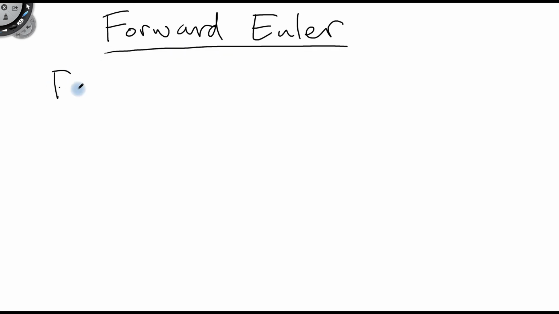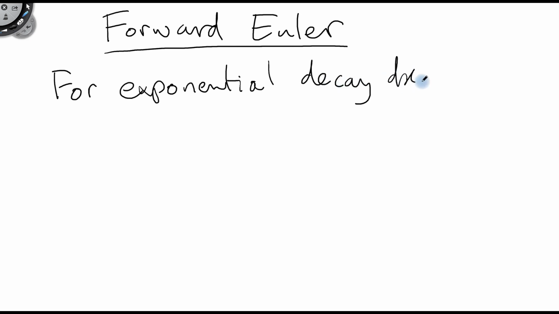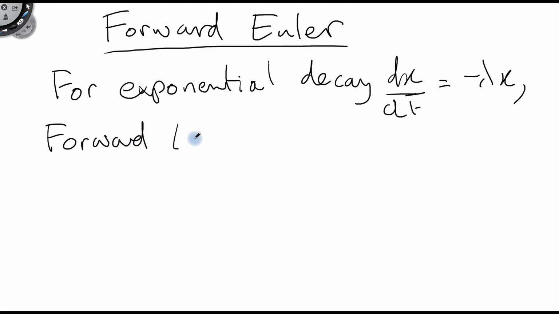So if we go back to our forward Euler, we found two things, and then I think we're going to stop and resume. So for exponential decay, that was dx by dt equals minus lambda x, forward Euler was conditionally stable.